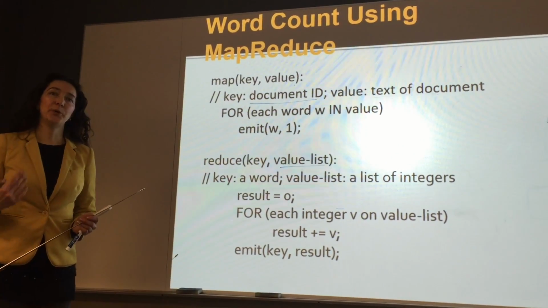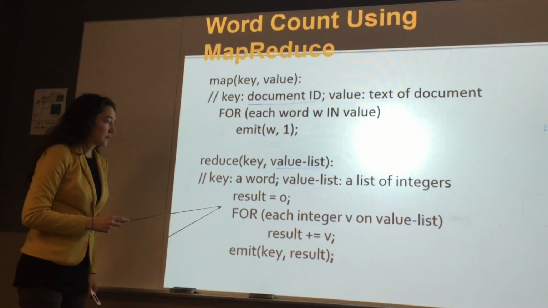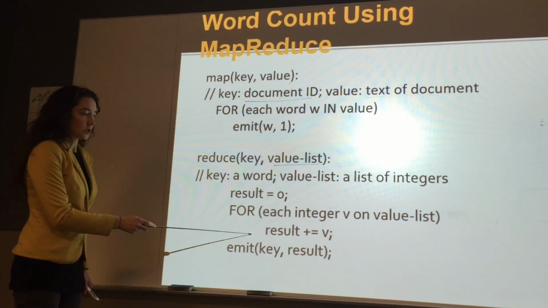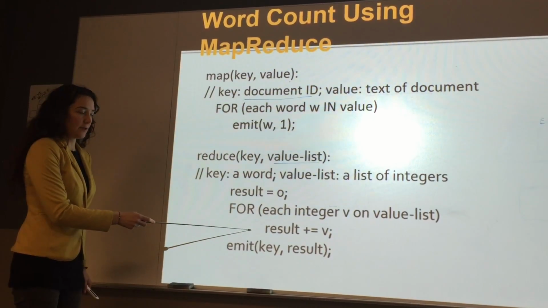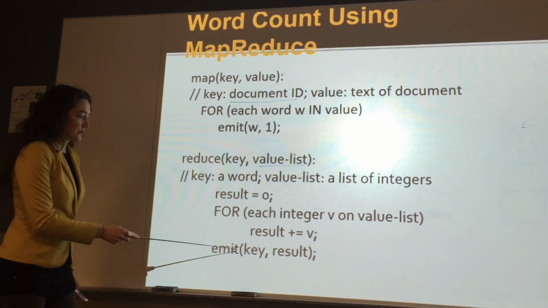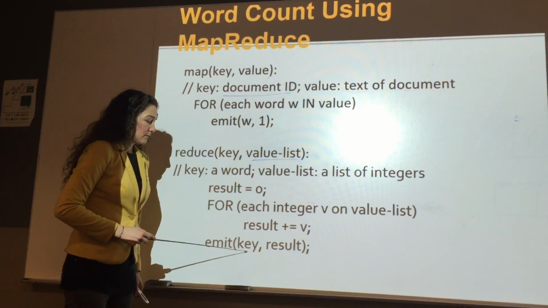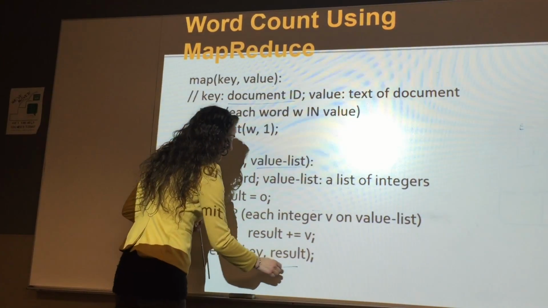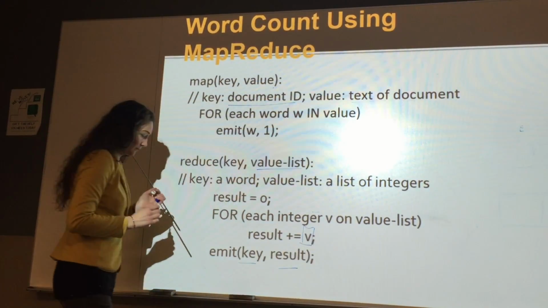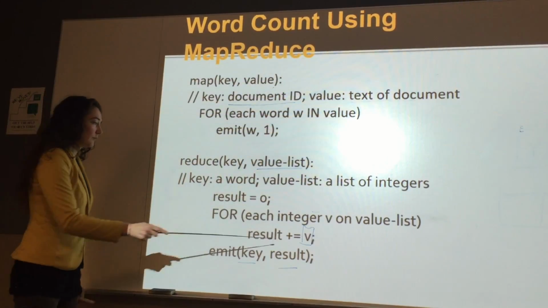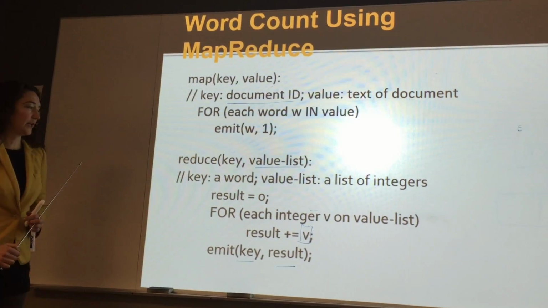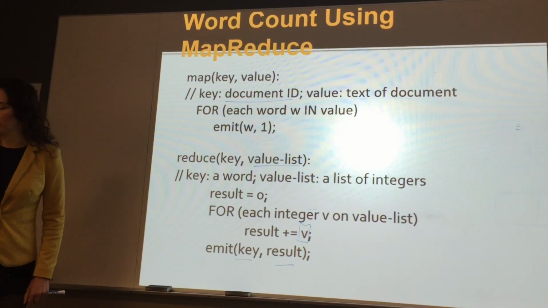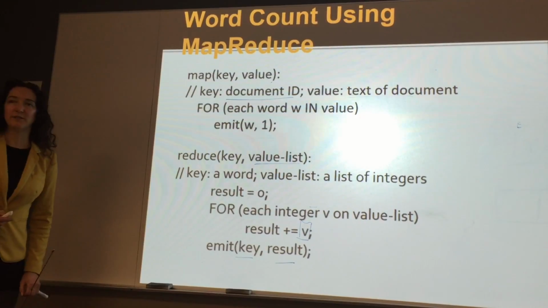So you have a list of 2 bears. And so for each integer, increment. So bear happened once, twice, 3 times, increment, and produce the result. So this is the word, and this is the number of times that it occurred. And this is the final result from this. But that is a very simple program that shows what MapReduce did in this word count.